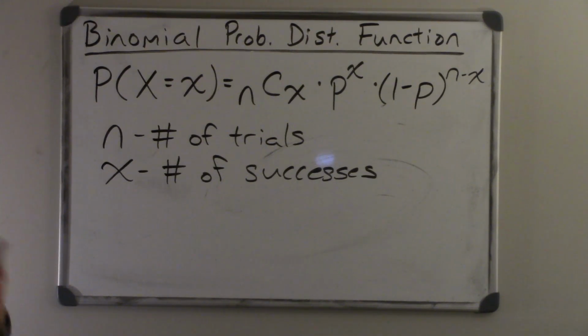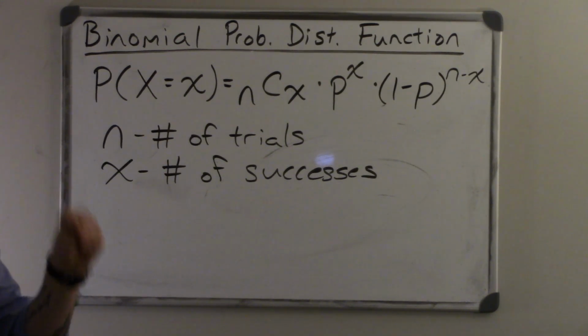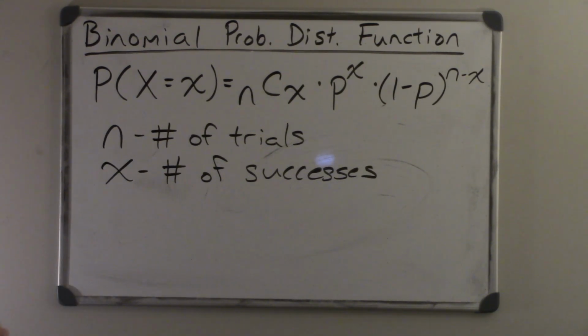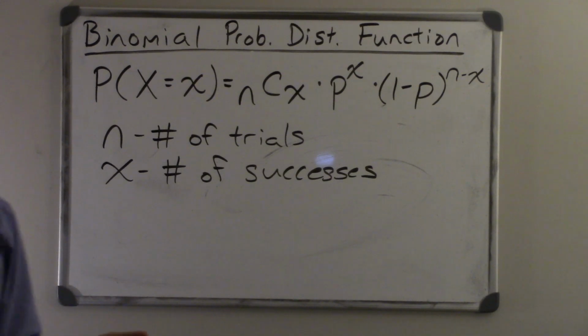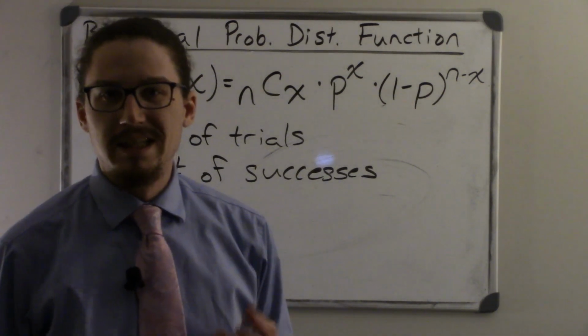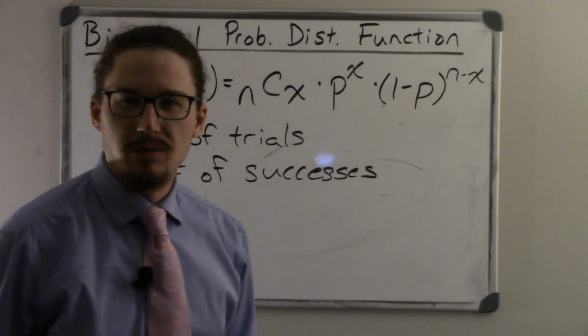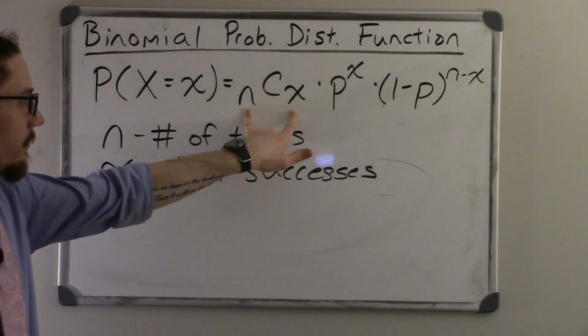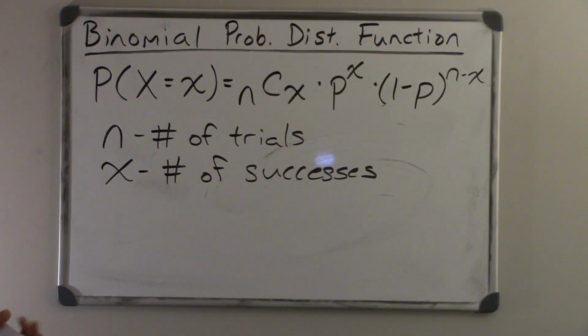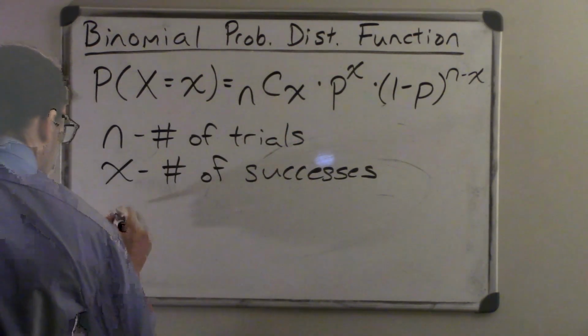And if you have a Casio, it's a secondary function, usually around where the numbers are, if memory serves. It also might not look like nCx on your calculator. I think for Texas Instruments, it's nCr, and probably something similar for Casio as well. But again, that's just a function we're going to be plugging into our calculator.